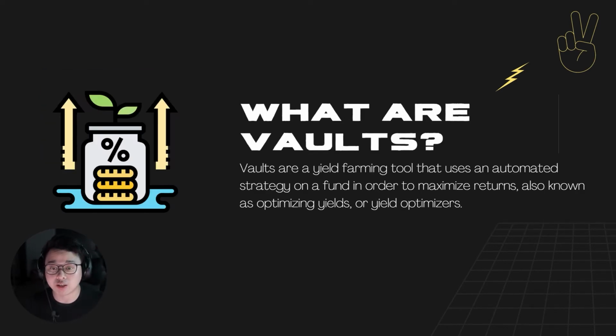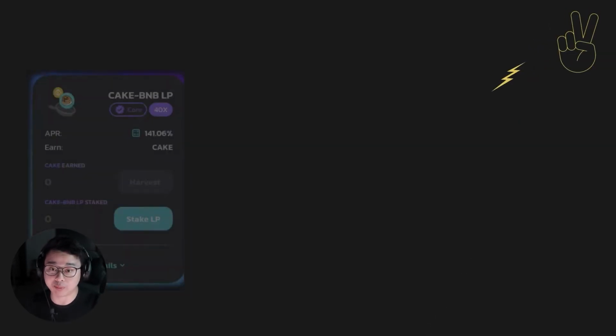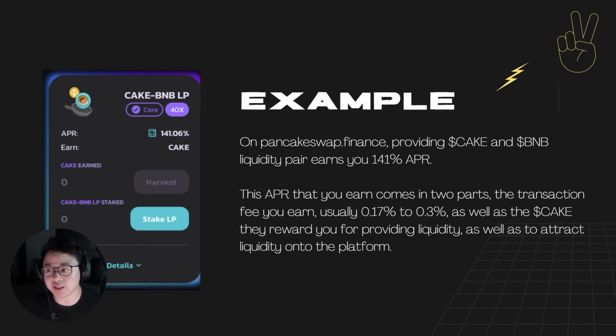So what are vaults? Vaults are basically a yield farming tool that utilizes an automated strategy on a fund in order to maximize returns. This is also known as optimizing yields or yield optimizers. So if we go back to the previous example on Cake BNB, you will notice that when you earn from the Cake rewards, this Cake reward does not automatically go back into your pool, into the Cake BNB pool.